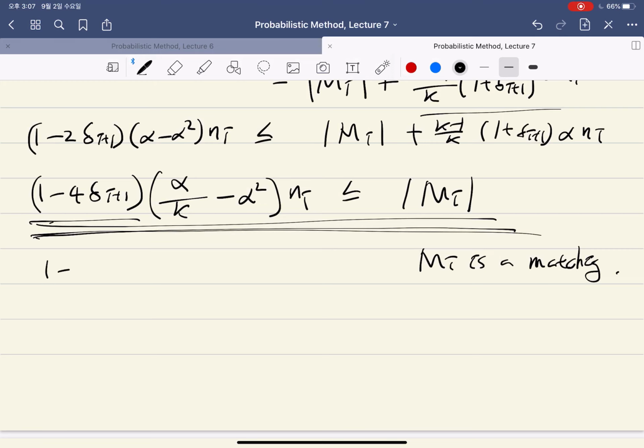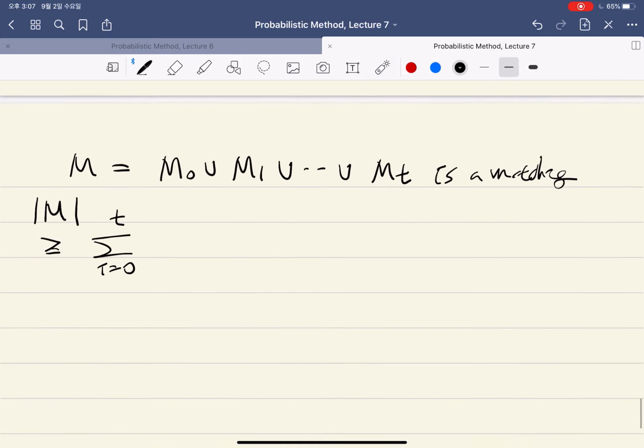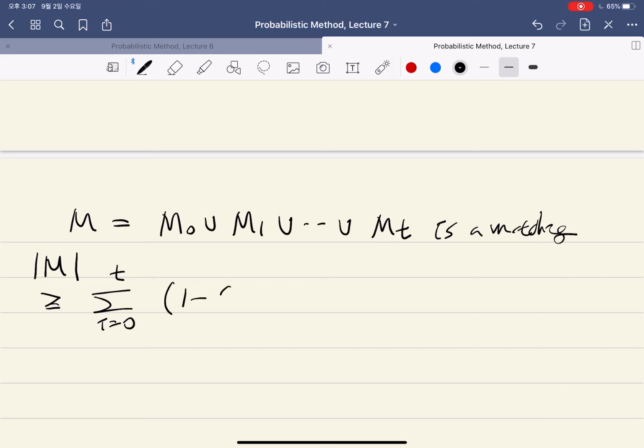Let's just say this is at least this number times alpha over k minus alpha square ni. Then this is 1 minus delta I plus 2 times alpha ni over k minus alpha square ni.